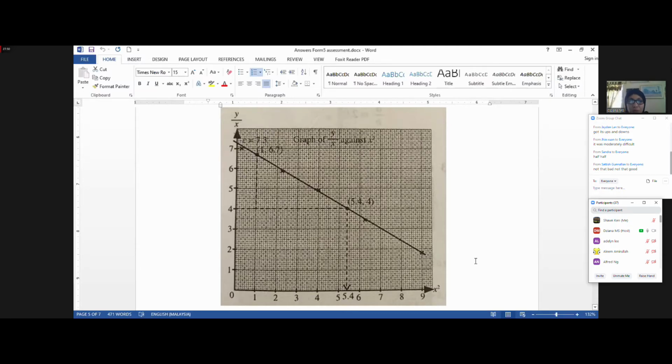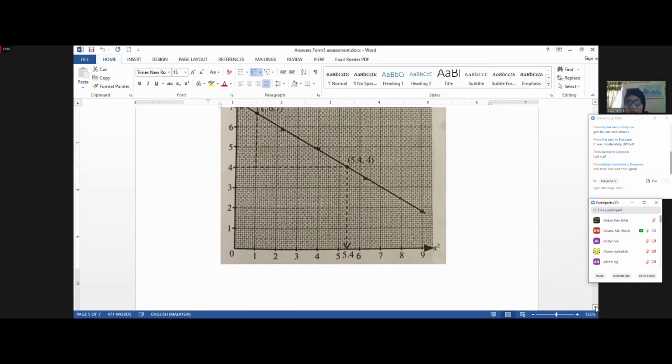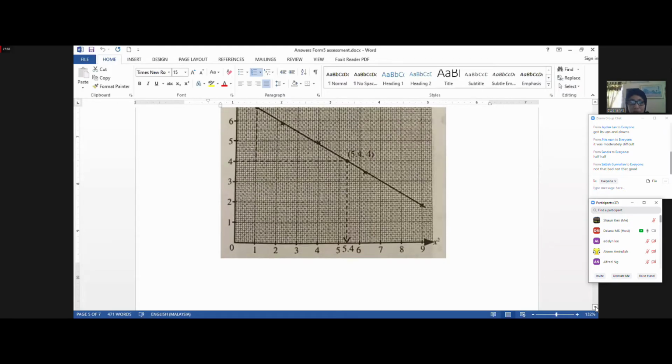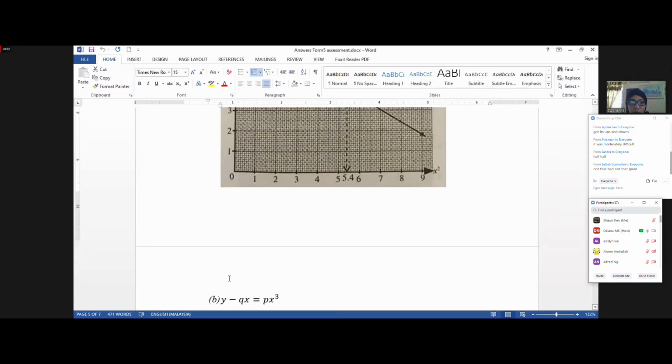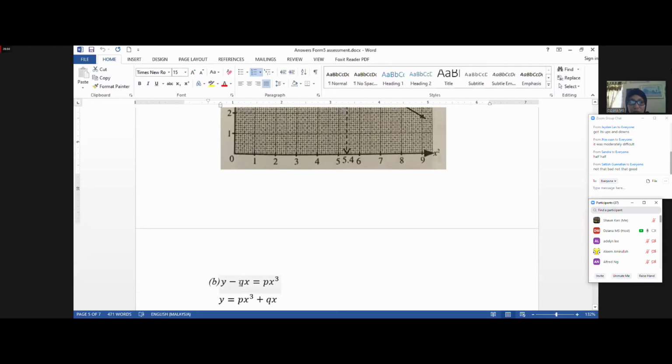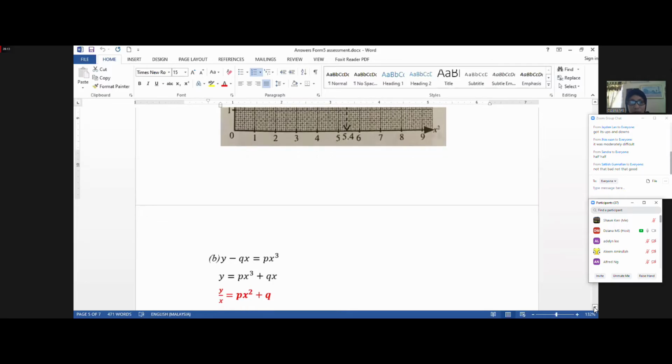For part B, some of you used the substitution method, which cannot be said to be using the graph. So this is the equation given to you, y minus qx equals px cubed. You have to convert that into linear form. So I divide by x here: y over x equals px squared plus q.